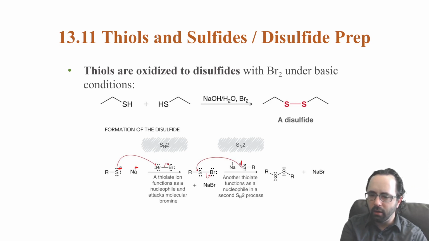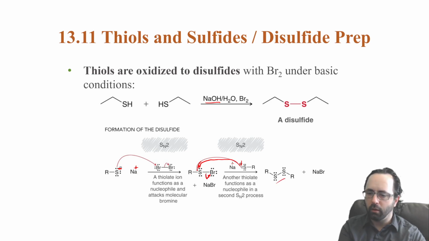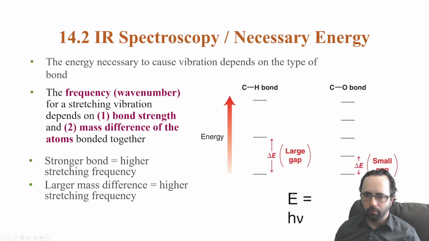Finally, another deprotonated sulfide can attack, and these have been deprotonated by the sodium hydroxide. And then when it does, you get an SN2-like reaction where the sulfur bonds with the other sulfur, and you get the disulfide linkage.